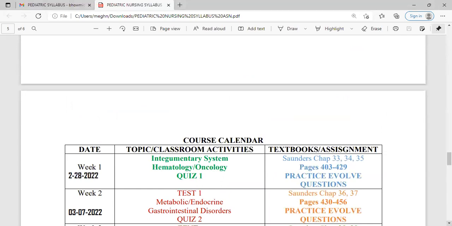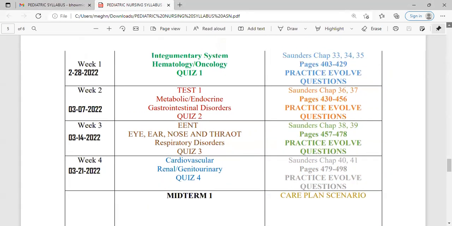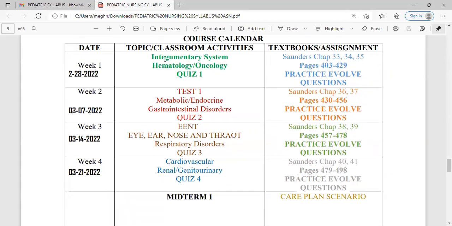In week 1, basically we will talk about integumentary, and also hematology and oncology. So 3 chapters basically we will touch today.